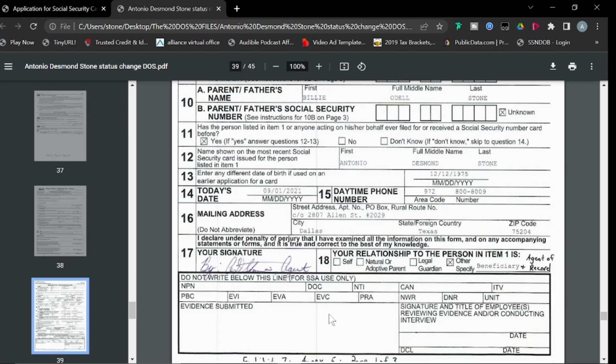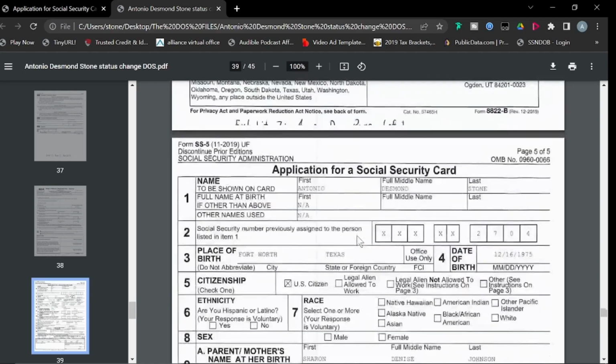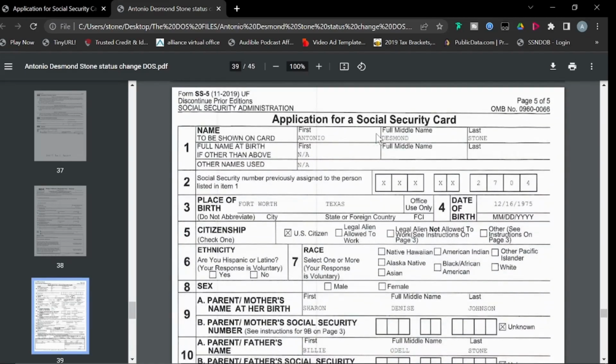I said, why would I put self there? Are you looking at my application? That's who I am. She said, well, I've been doing this for a while, I know who you are. I said, okay, then why are you asking me to put self there? She couldn't answer. So then she asked, is this you on the application? And she pointed to the all-caps name.